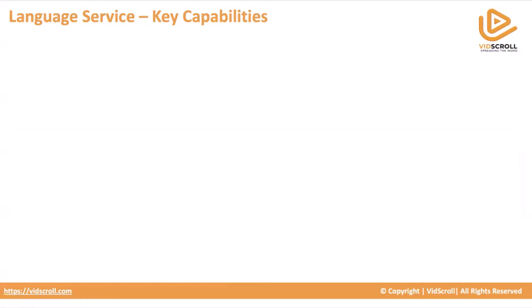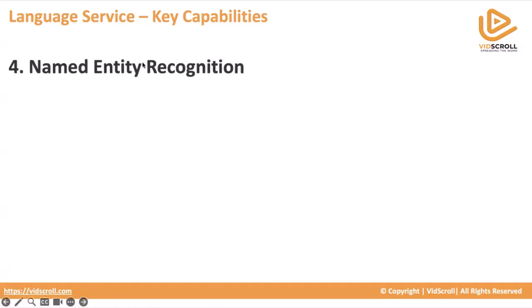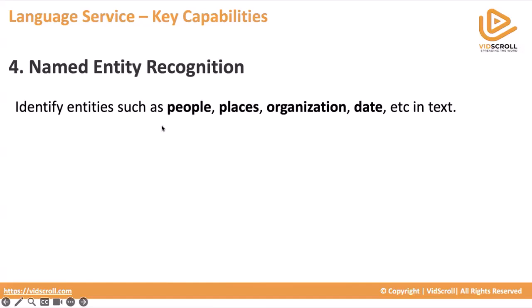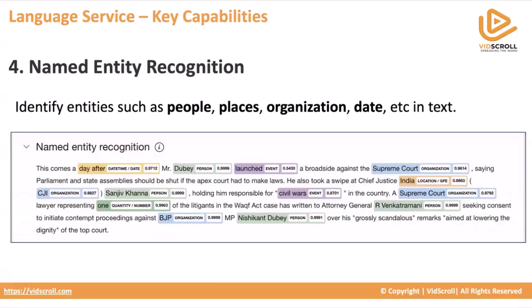The next is named entity recognition. It can identify entities from the provided text such as people, places, organizations, dates, etc. For example, you have provided a text, and in the text you have given the US, India, and UK. It will recognize that these are places. It can recognize people: if you have given a name in the text, it will say yes, this is a person.